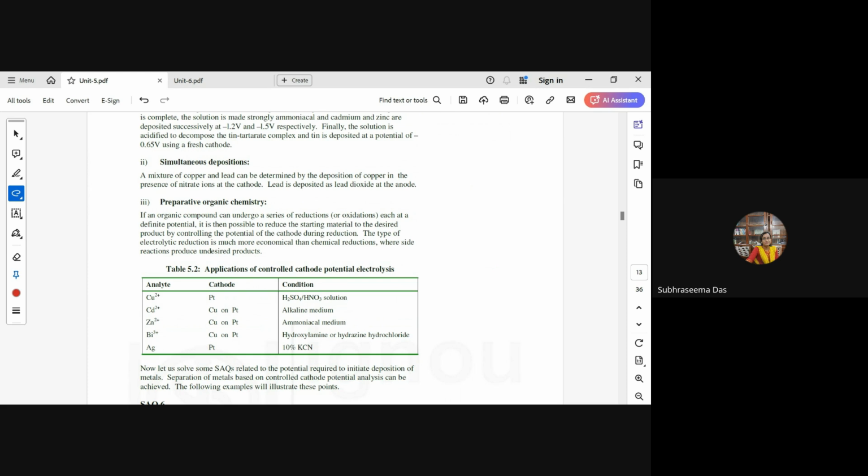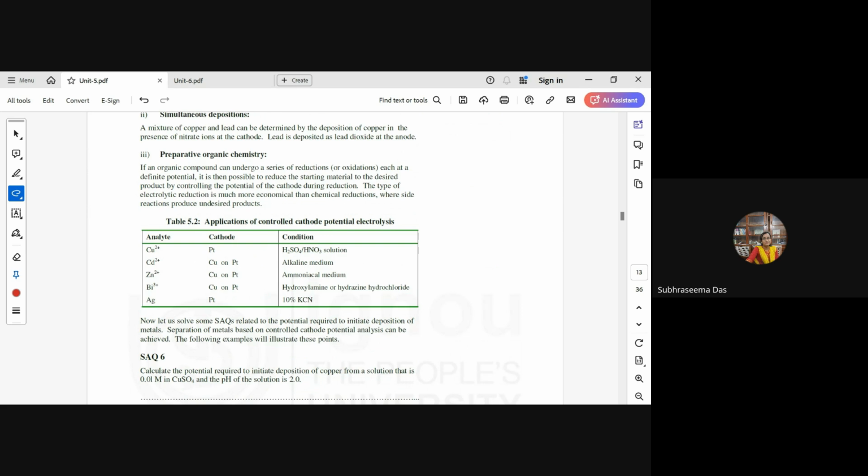This type of electrolytic reduction is much more economical than chemical reductions, where side reactions also produce undesired products. As you can see, electrolytic reduction is beneficial, as it eliminates the undesired products that are formed in conventional chemical reactions.